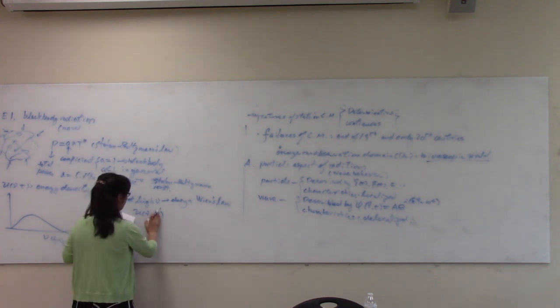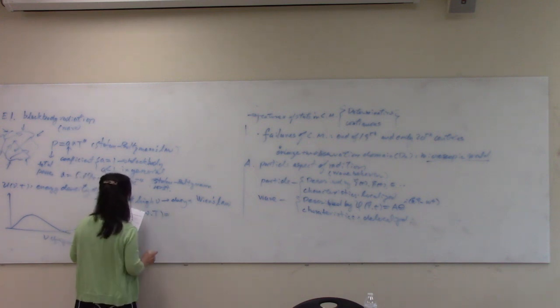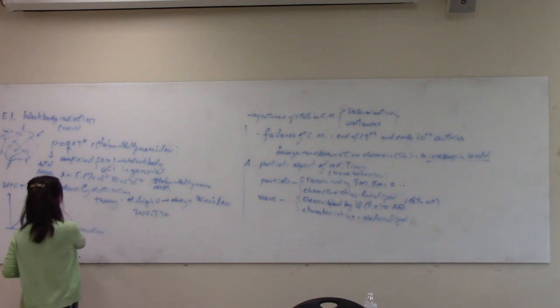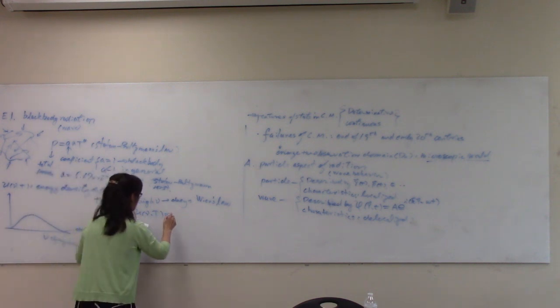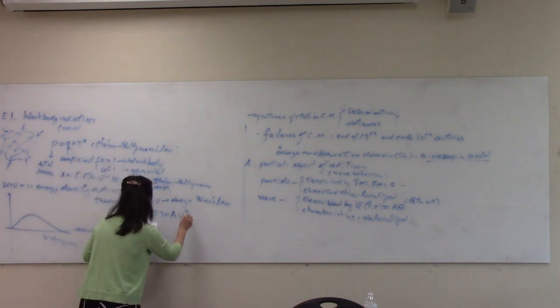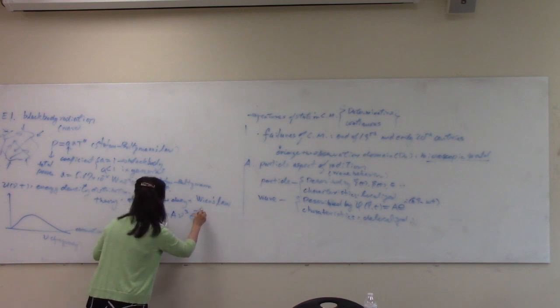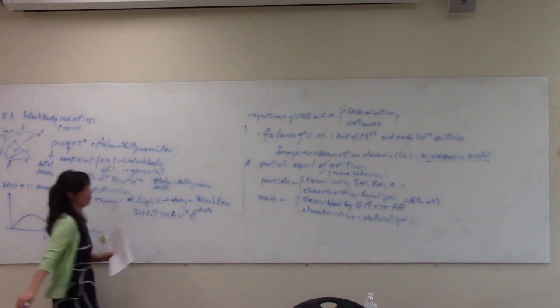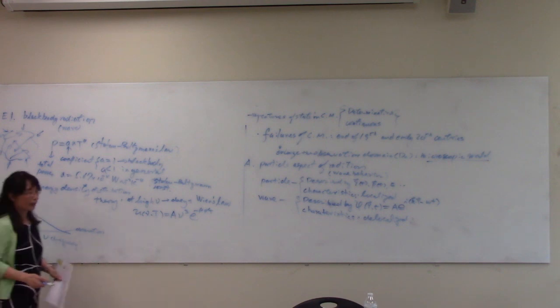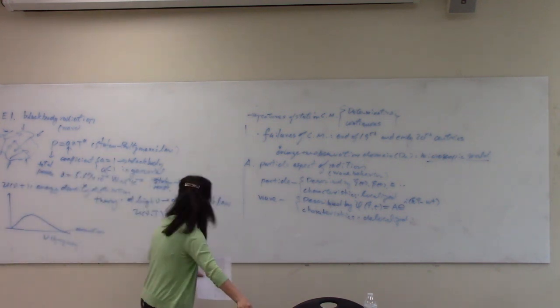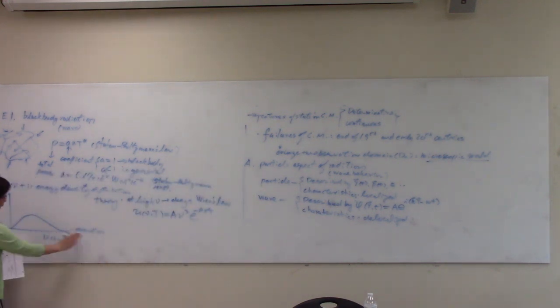Oh, sorry, this is temperature. It is proportional to the cube of the frequency, and the temperature dependence is exponential, e to the minus h nu over kT. So what does it look like? High, right? This is higher, so now it is like this.